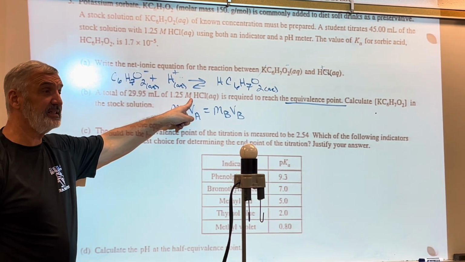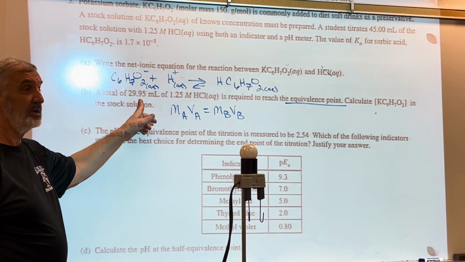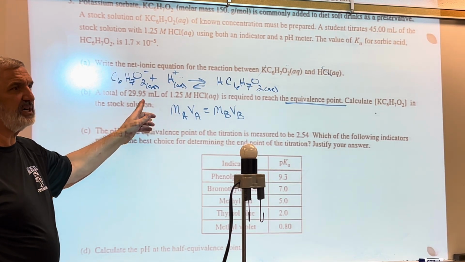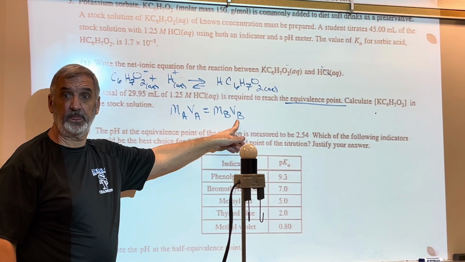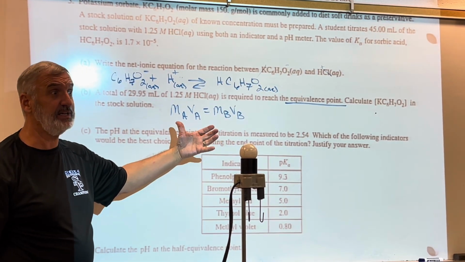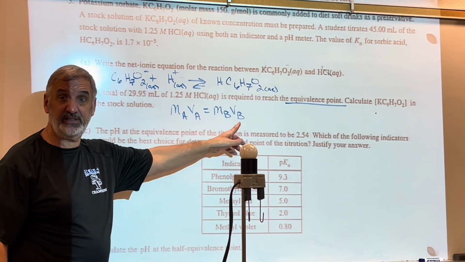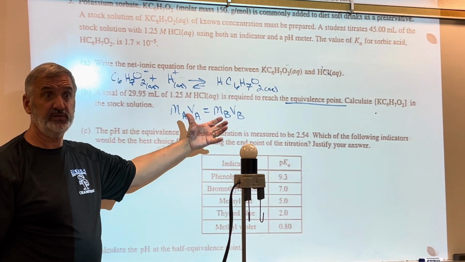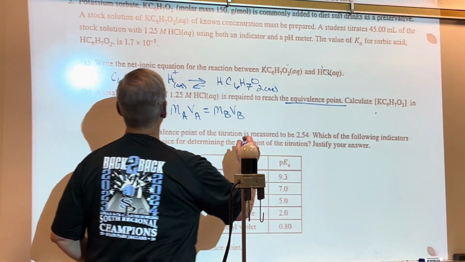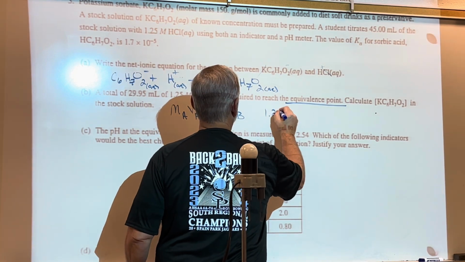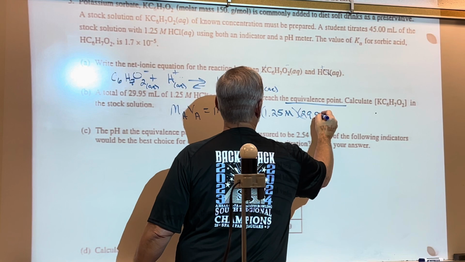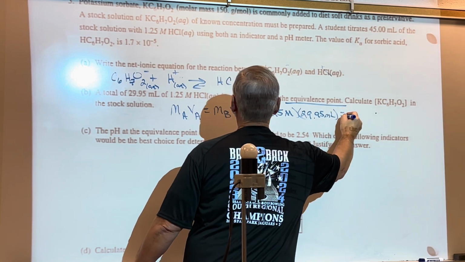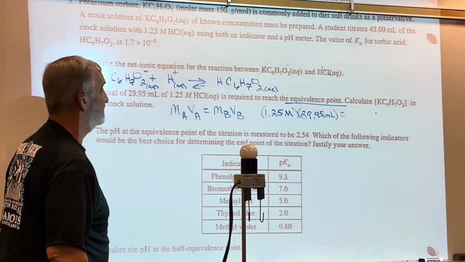What volume of acid got used? And you can leave it in milliliters because it's a ratio. If this is in milliliters, this will be in milliliters. They just have to be the same. They don't have to be liters. So if you divide this by 1,000 and that by 1,000, you get the same ratio. Okay? So we're going to say 1.25 molar times 29.95 milliliters is equal to, what's the molarity of the base?